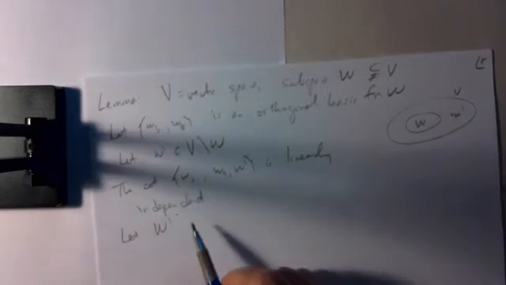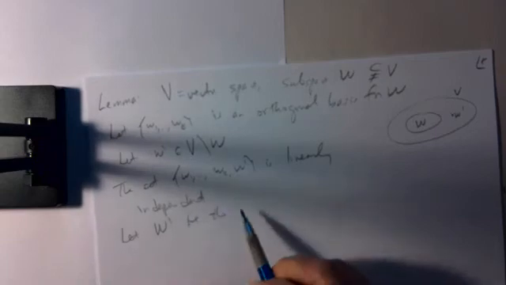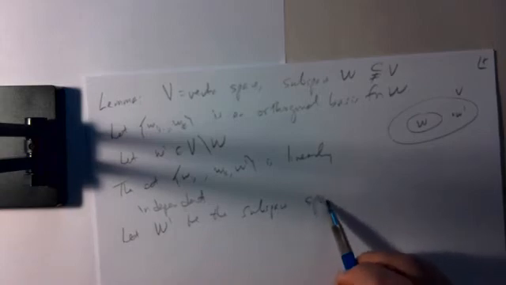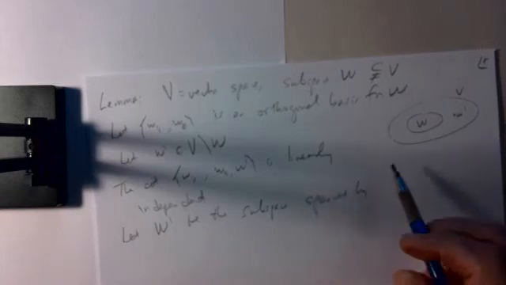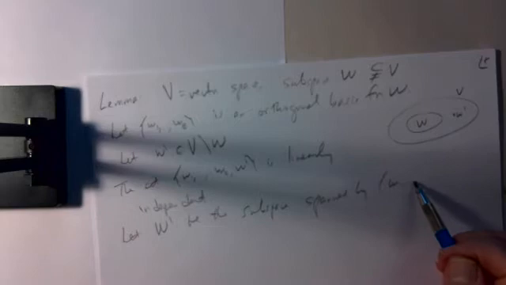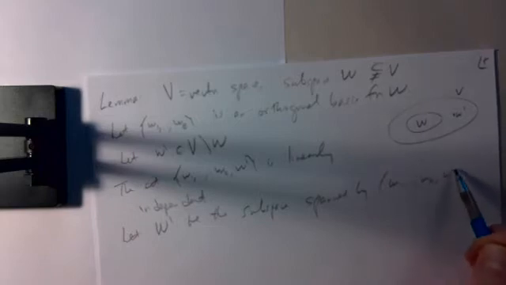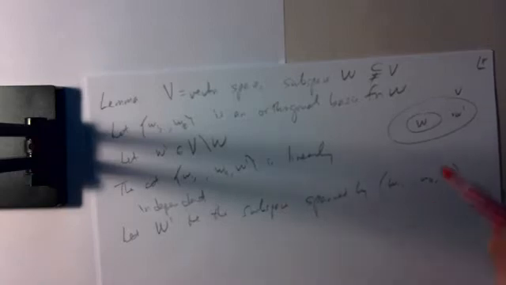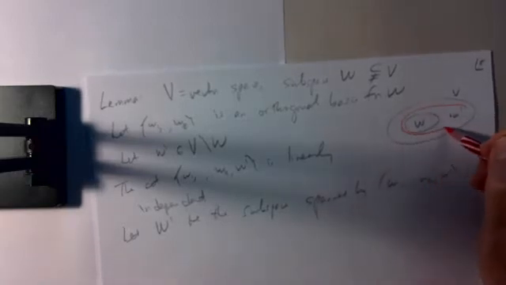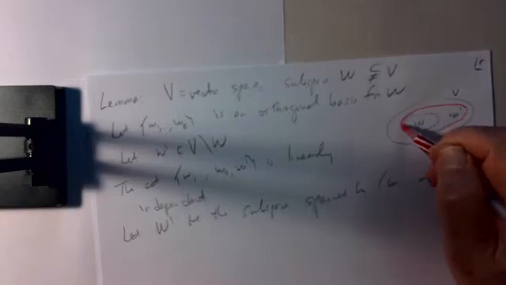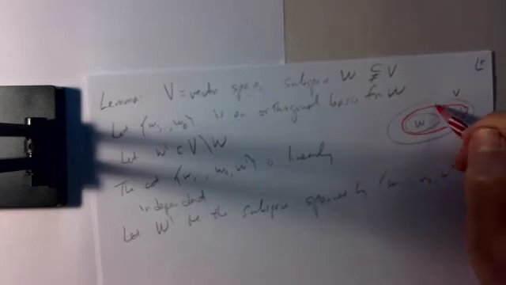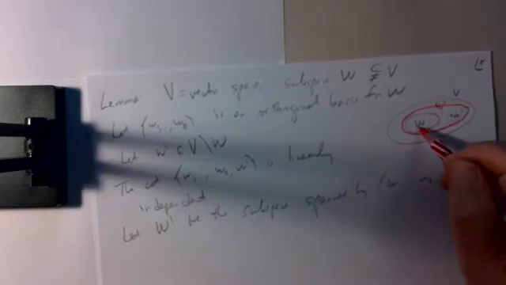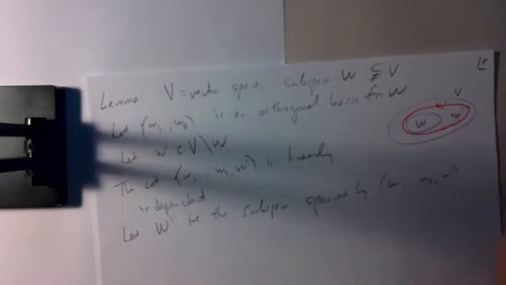And suppose we let W double prime be the subspace spanned by W1 up to WK and W prime. So this is not necessarily all of V, but it certainly is a larger subspace that contains W and this vector W prime.